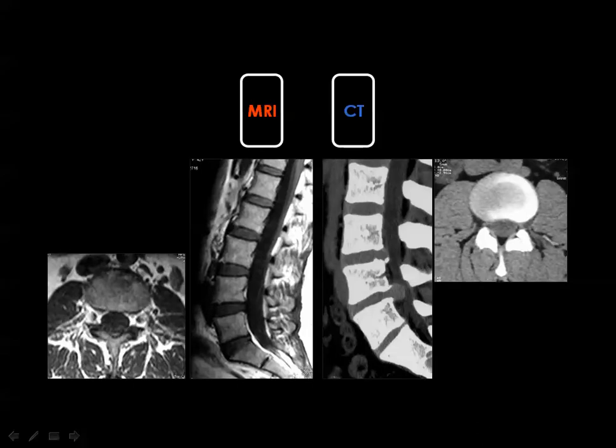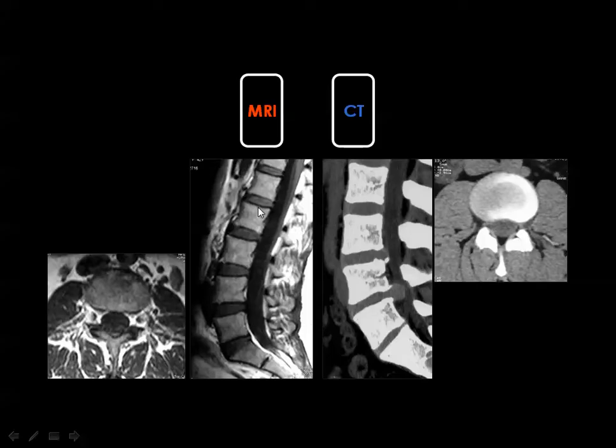Then many can easily discriminate between the MRI images and the sagittal reformatted CT images. Of course, the end plate of the vertebra in CT is dense or very bright, while the end plate of the vertebra in any pulse sequence of MRI should be black because of the absence of mobile protons.